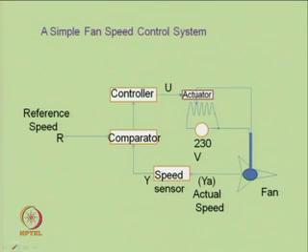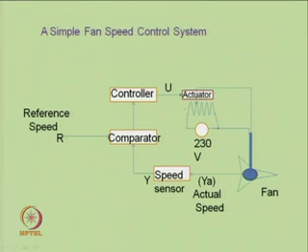Here in the simple fan speed control system, we have included one actuator. The job of the actuator is to effect changes in the plant dynamics based on the controller input.